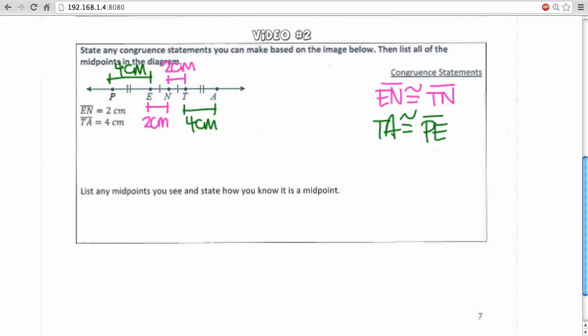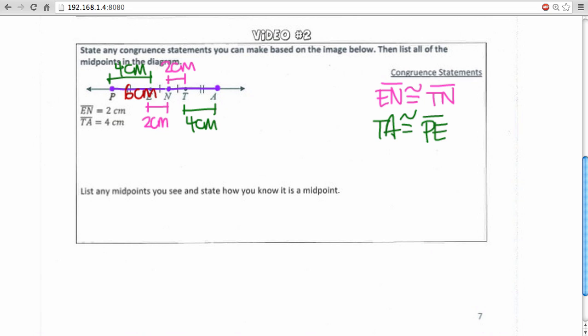But what does that tell us about segment PN? And how does that compare to segment AN? Well, segment PN is made up of 2 segments, PE and EN. When measuring the entire segment, you'll note that it is 6 centimeters.